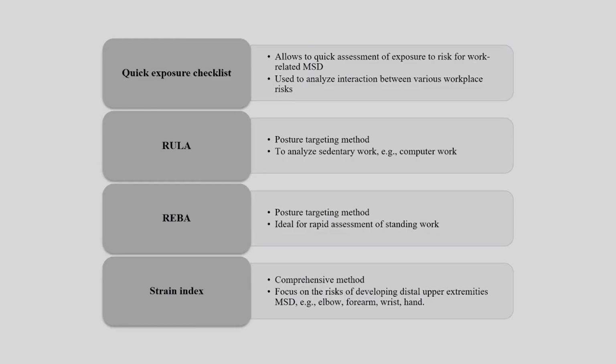So, the quick exposure checklist or QEC allows quick assessment of exposure to risk for work related musculoskeletal disorder. It is used to analyze interaction between various workplace risks. So, from QEC, we actually try to understand the workplace risk.